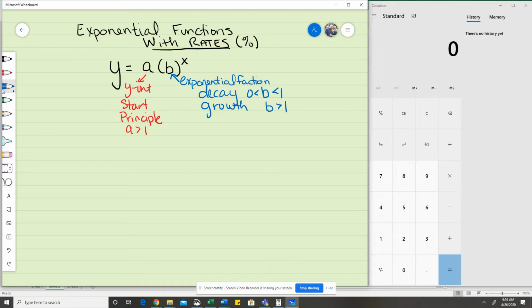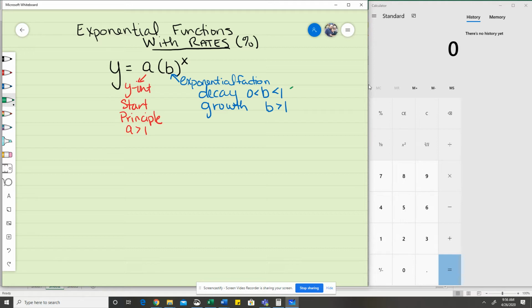Okay, now to get b, when we have a problem that talks about percentages, when you're trying to determine how much your savings account has grown based on the annual percentage rate, or you're trying to figure out how much the carbon has depleted when you're carbon dating some artifact, in order to figure out b, you have to follow a couple of simple rules.